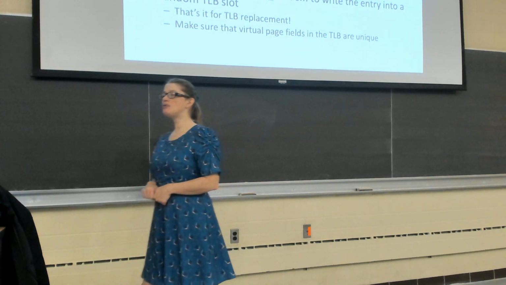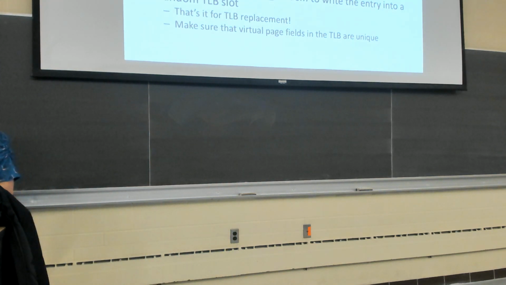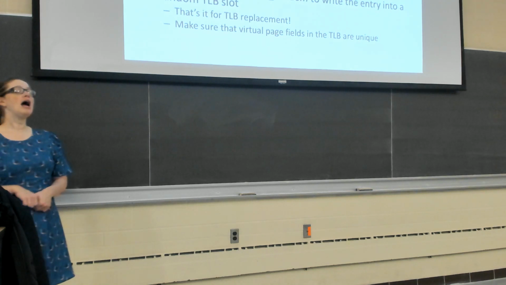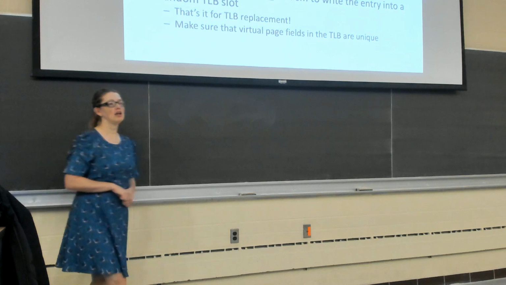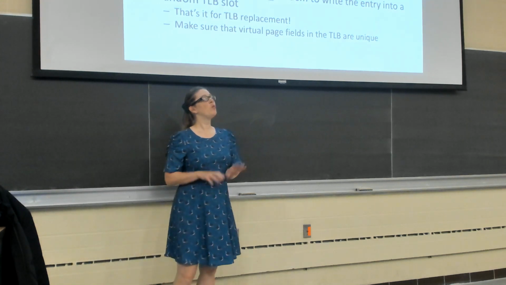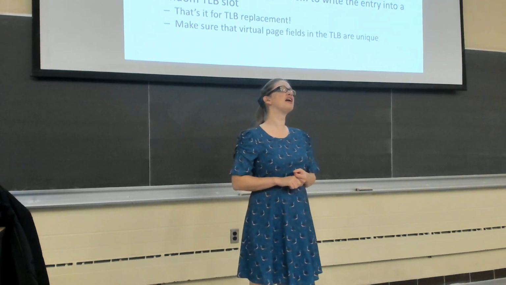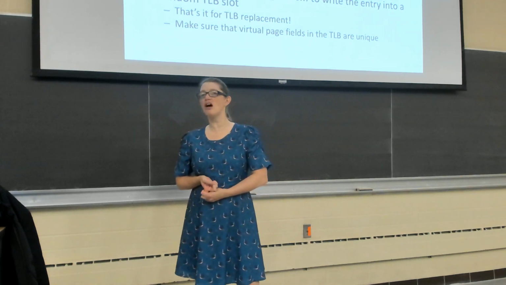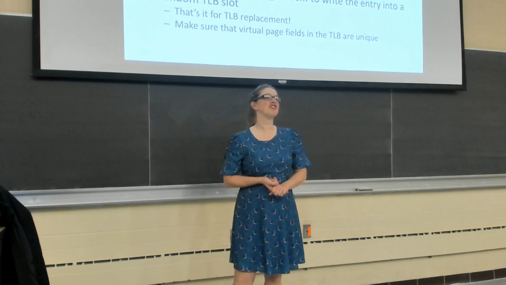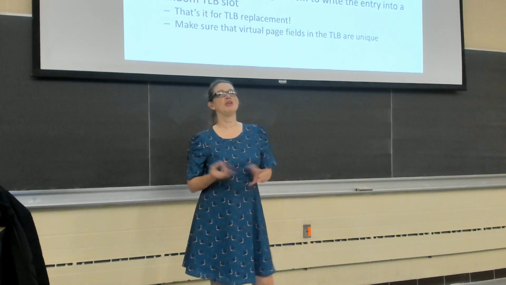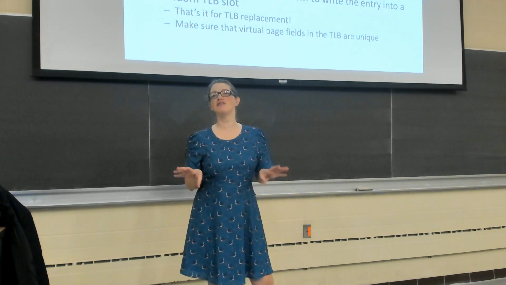What we want you to be able to do is, when the TLB is full, choose a victim and evict them, and then insert the new TLB entry. We are not, however, asking you to implement any of these cache eviction strategies, so we're not going to ask you to implement the clock algorithm. We're not going to ask you to implement optimal, because of course you can't actually do that, because you don't know the future. We're not going to ask you to implement any cache eviction algorithm.